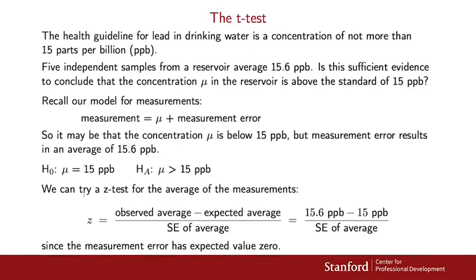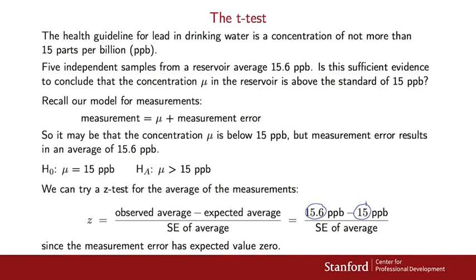The z-statistic looks at the observed, and in this case, we are looking at averages. So we have observed average minus expected average over the standard error of the average. So we know the observed average is 15.6. We know the expected average, that's simply the value under the null hypothesis, is 15.